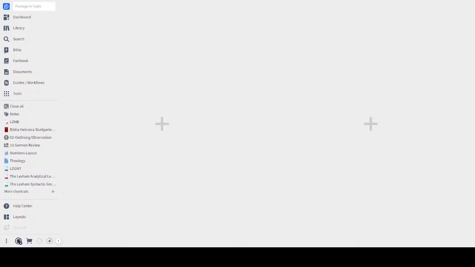If I don't know how a verb functions, I'm going to make problems, because I may make statements about the text that may not be accurate. So it's very important that we understand how these verbs function and how they work.